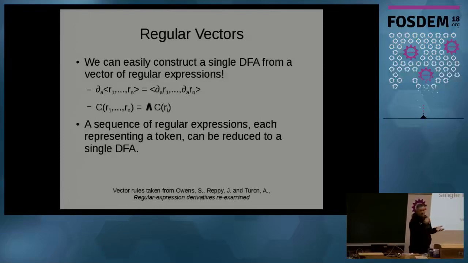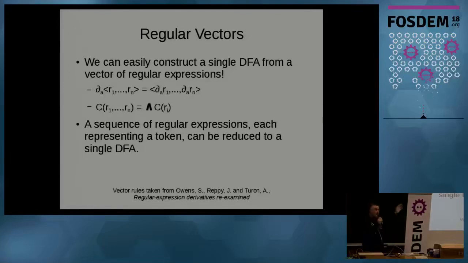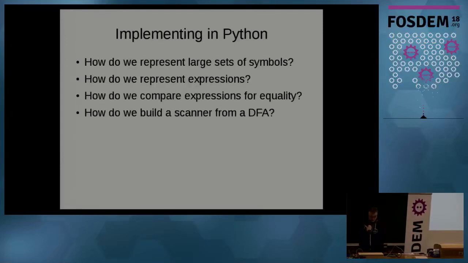So that's another state for us. And with the derivative classes, we just intersect them all. So a very simple idea, but now we can take a whole bunch of regular expressions and turn them into a single DFA. And this is exactly what we need if we want to do tokenization. So let's go and see what it looks like in Python.